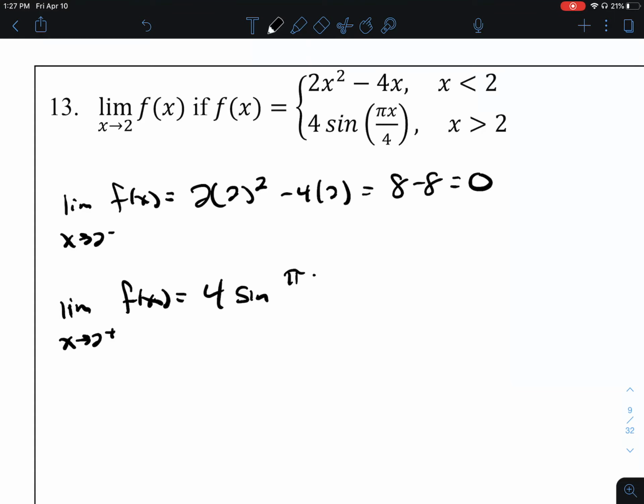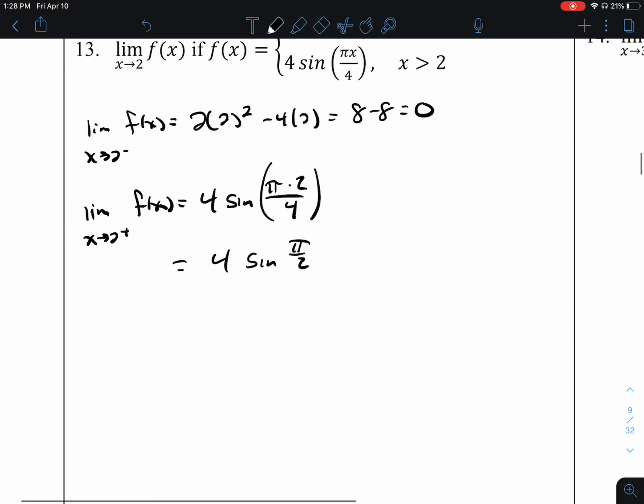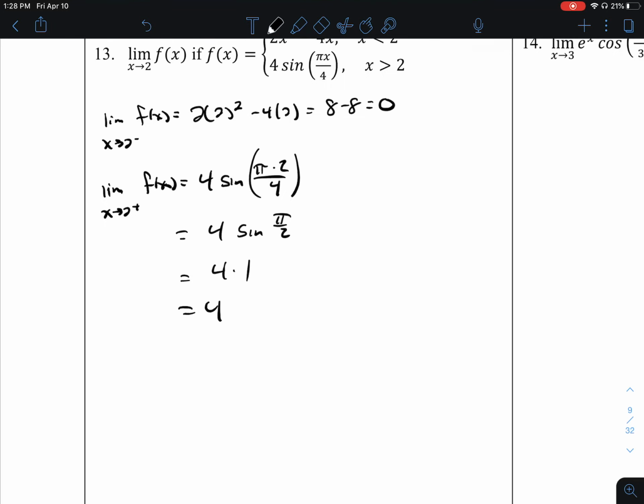If we approach from the right, it's going to be using this function, which is 4 times sine of pi times 2 over 4. That's 4 times sine of pi over 2. Sine of pi over 2 is 1. So that's 4 times 1, which is 4. We're supposed to find this two-sided limit.